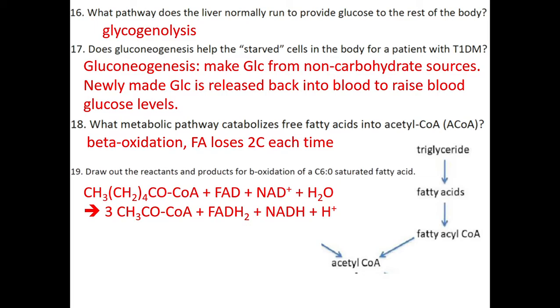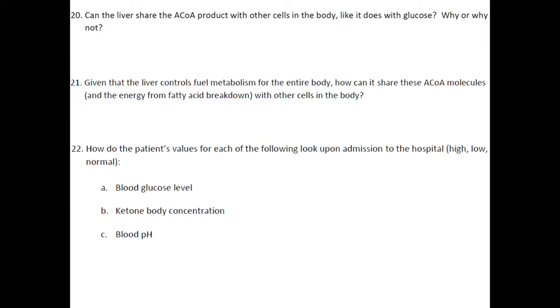Alright, so next question, 20. Can the liver share the acetyl-CoA product with other cells in the body, like it does with glucose? So the liver can share glucose with other cells in the body by releasing glucose into blood, right? Through gluconeogenesis.